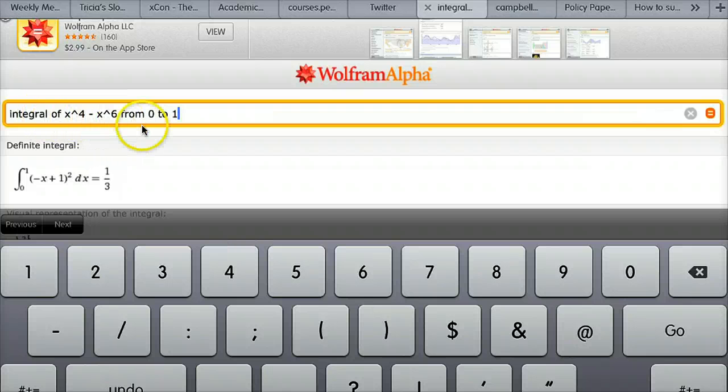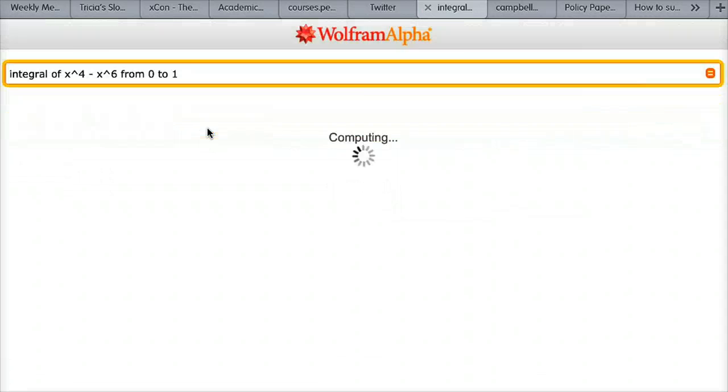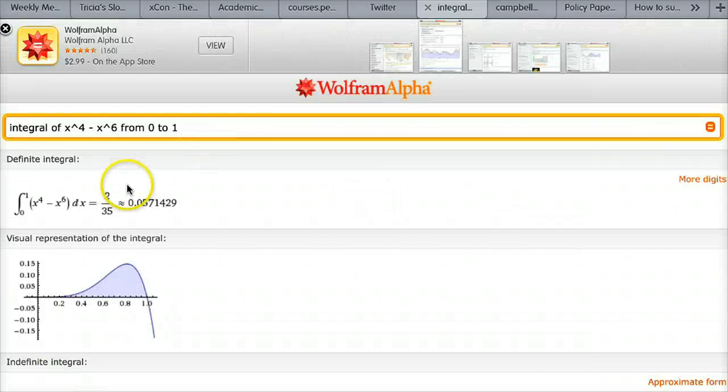I'll hit go. And it tells me my answer is 2 over 35, or approximately 0.057142.